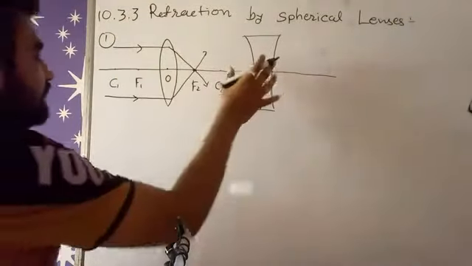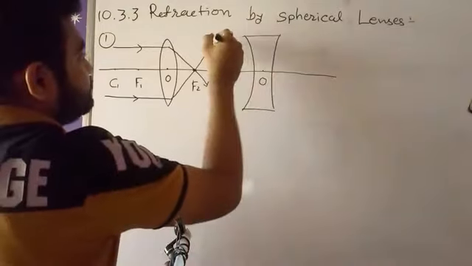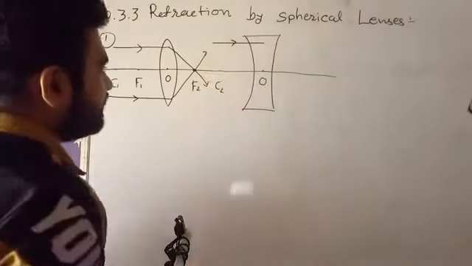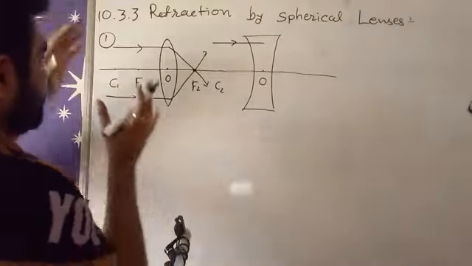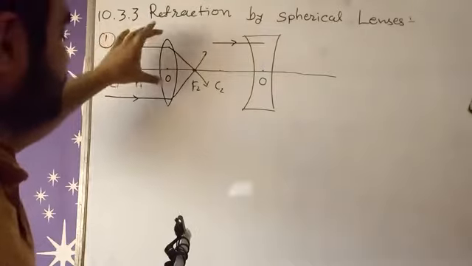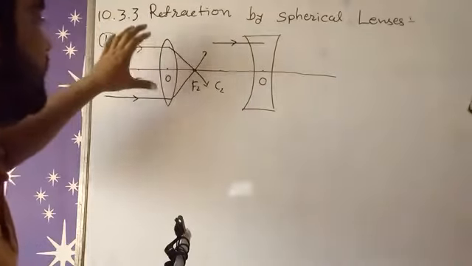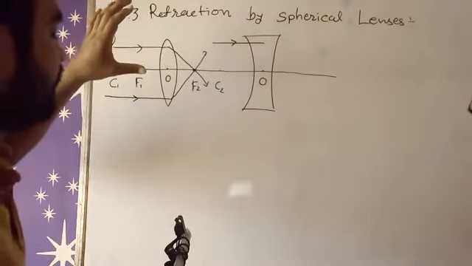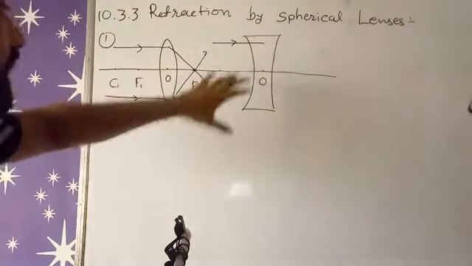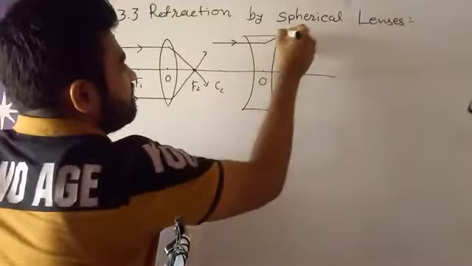Similarly, here, if similar light rays are parallel to the principal axis, but in this particular case, the convex lens characteristic is to converge, but the concave lens characteristic is to diverge.